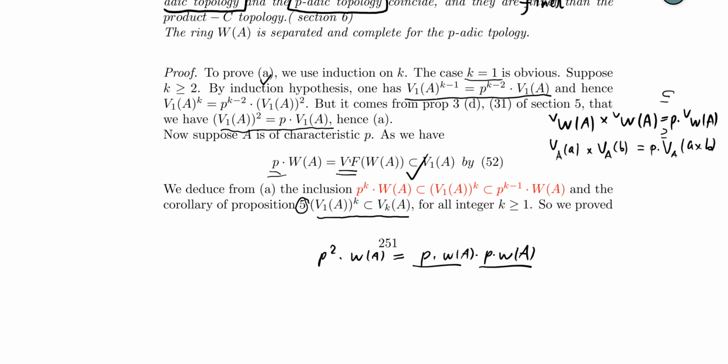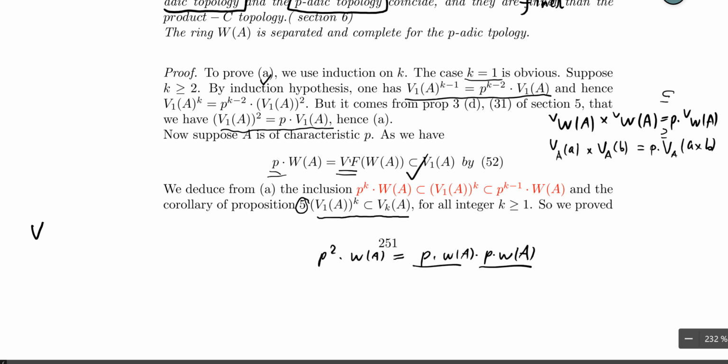Here, if you're not careful enough, you may be confused about the V1 p-adic topology and the C topology, where the topology is given by the filtration, given by the ideals Vm, where Vm is Vm times WA.